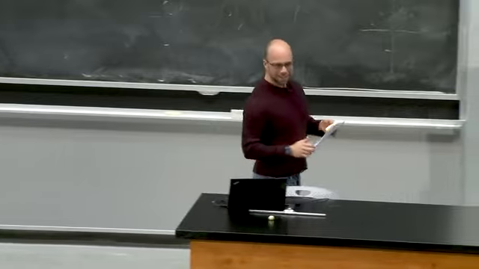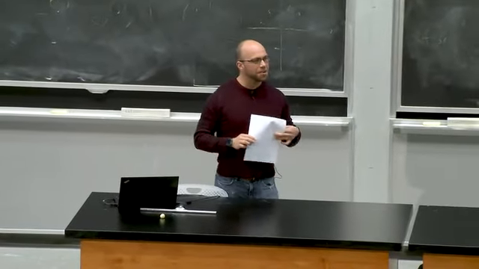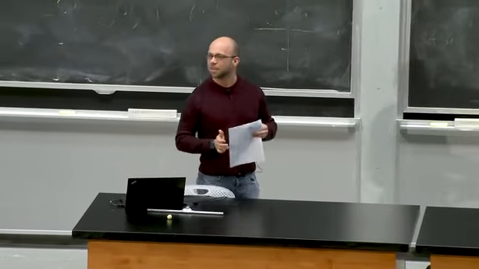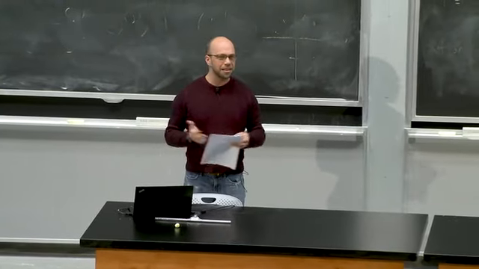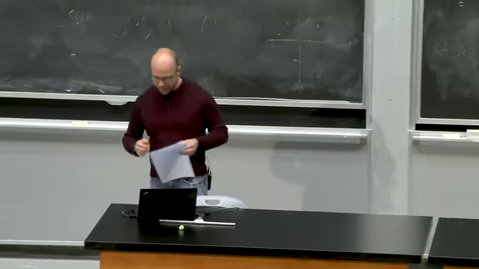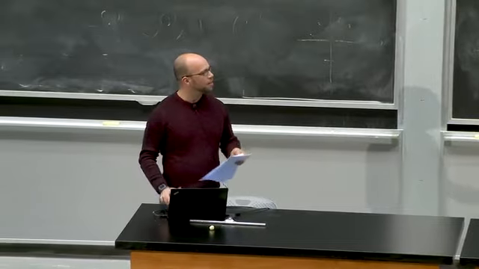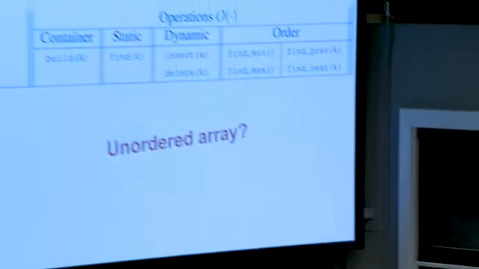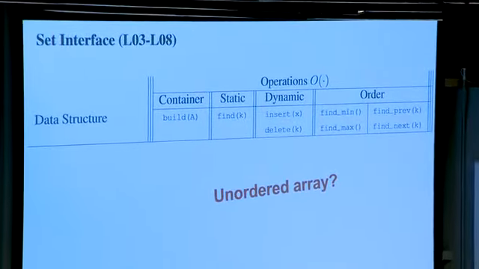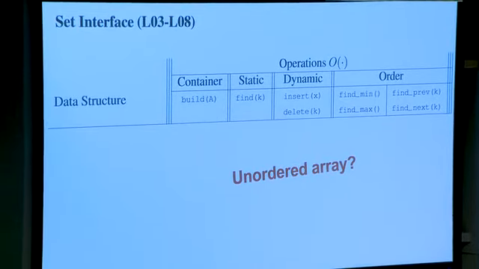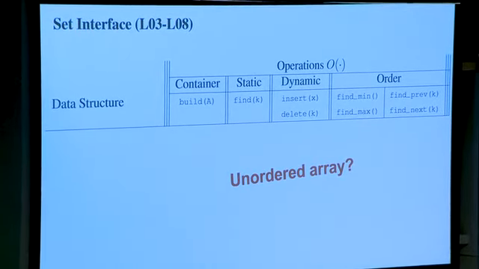Fabulous. Okay, so now let's talk about how to actually implement this thing. Thankfully, we're already equipped with a very simple way to implement a set, based on what you've seen in your previous programming classes or in the last two lectures. One way to implement a set would be to store a giant array of objects that are in my set.